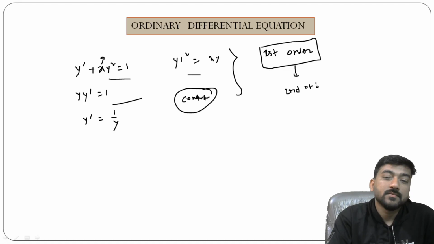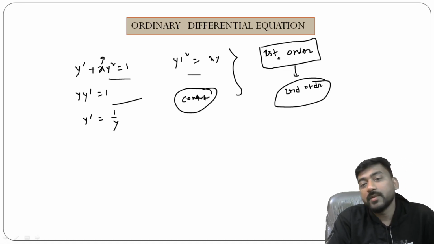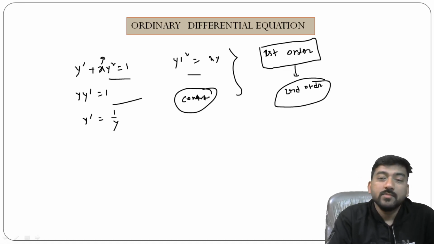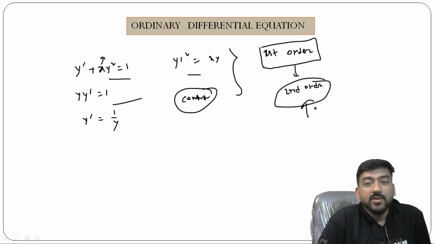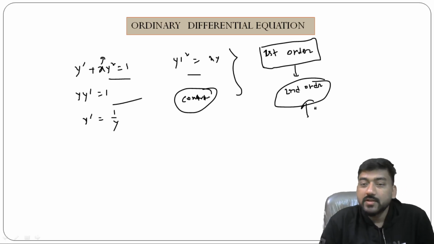In first order differential equations, we will sometimes solve problems involving variable coefficients also. But for second order differential equations, basically we will move to linear differential equations with constant coefficients. We'll see later on.